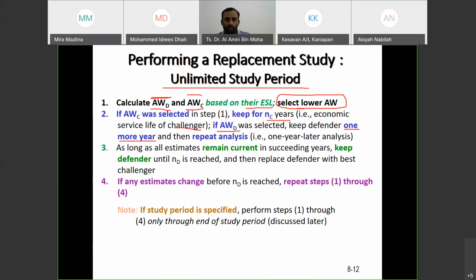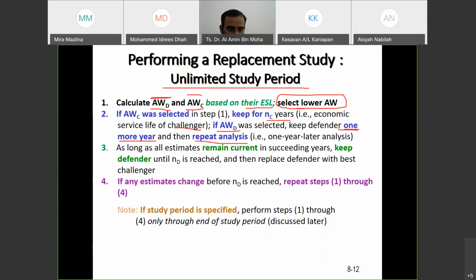When you calculate, the calculation shows that it's better to keep the existing, although the life is short. Keep it. But what you need to do is keep it 1 year. We are not going to keep it for long, just 1 year, and then we repeat the analysis. We calculate again to check.